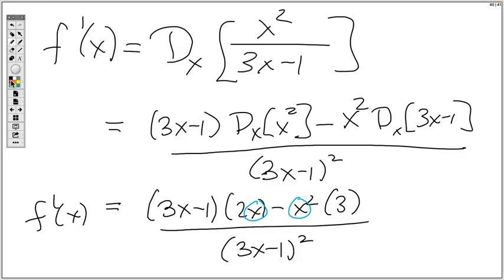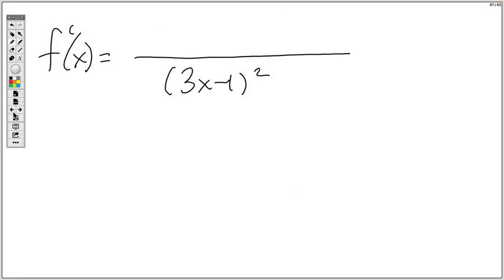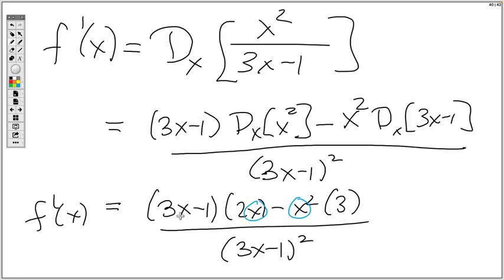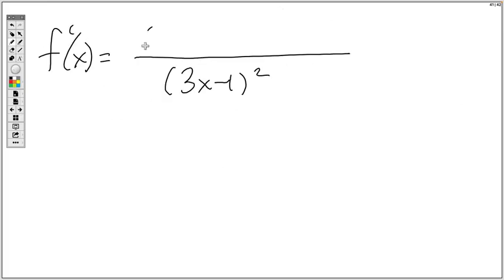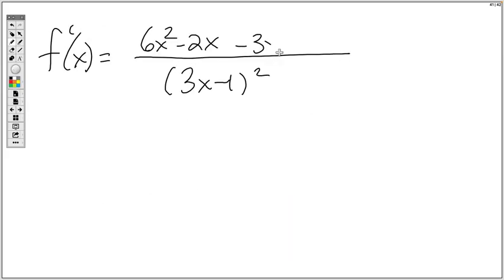There's an x you can factor out if you want. It's up to you. This would give us 6x squared minus 2x minus 3x squared. So when the dust settles, what's the numerator going to be?